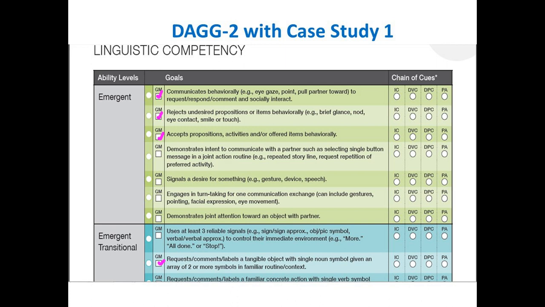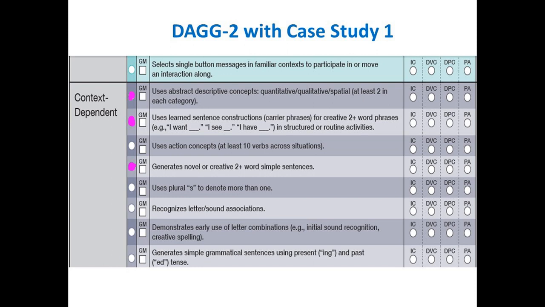So where to go from here? What we wanted her to be able to do was not just label an object, but maybe describe it, give some type of qualitative or quantitative component, or combine some words together to form a phrase, generating two-plus simple word sentences.